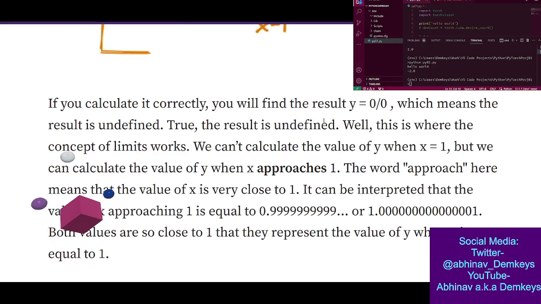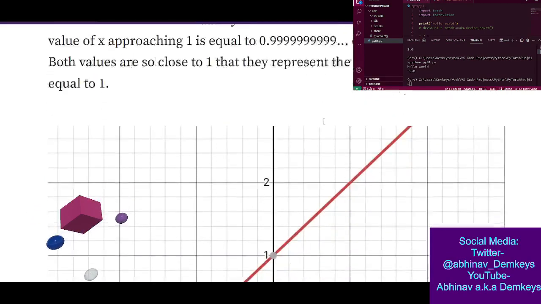It can be interpreted that x approaching 1 is equal to 0.99999 or 1.00000 and so on 1. Okay, so a tiny bit below or a tiny bit above. Both values are so close to 1 that they represent the value of y when x is equal to 1.